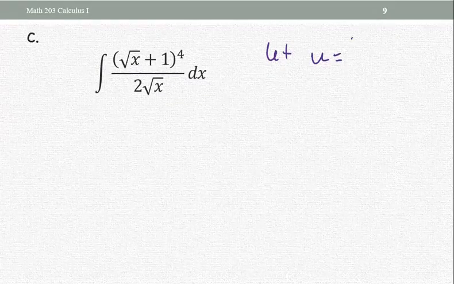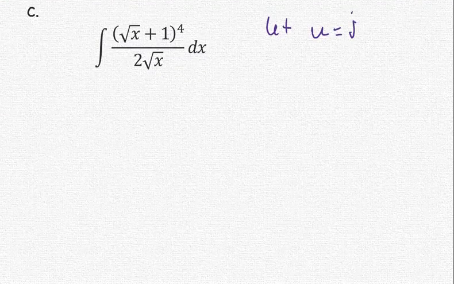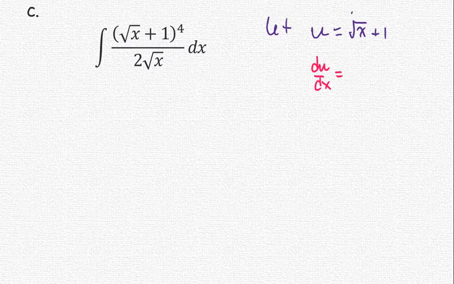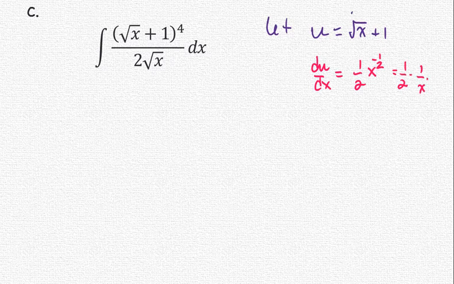So u is square root x plus 1, and the du is the derivative multiplied by dx. So step by step, the derivative of u with respect to x, yes, is 1/2 x to the negative 1/2. And to avoid dealing with the negative power, we write it into the positive power.